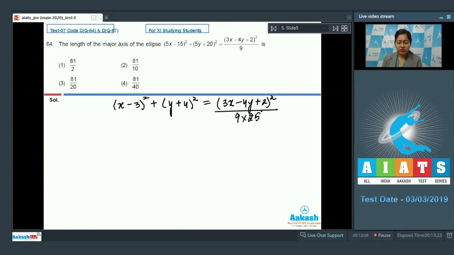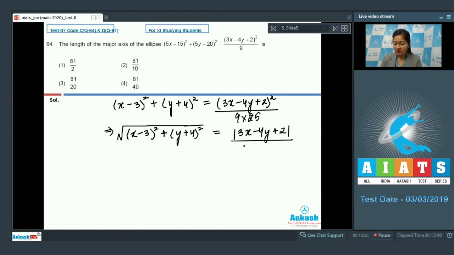Taking under root on both sides, we will get under root of x minus 3 whole square plus y plus 4 whole square is equal to modulus of 3x minus 4y plus 2 upon 3 into 5, right?